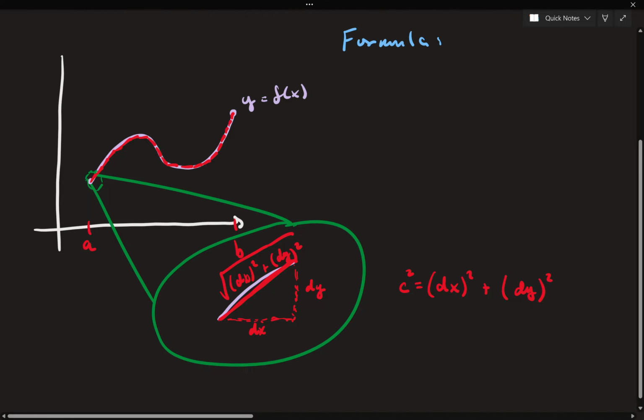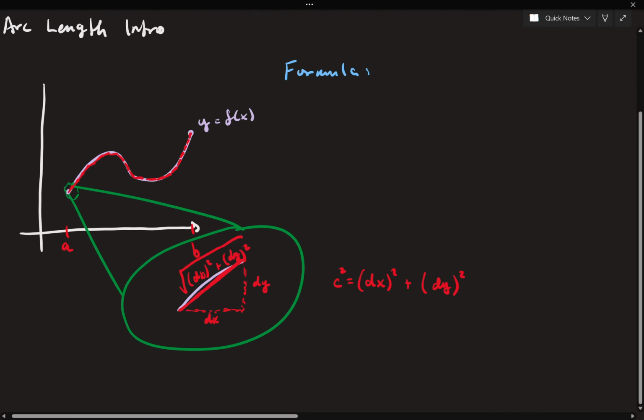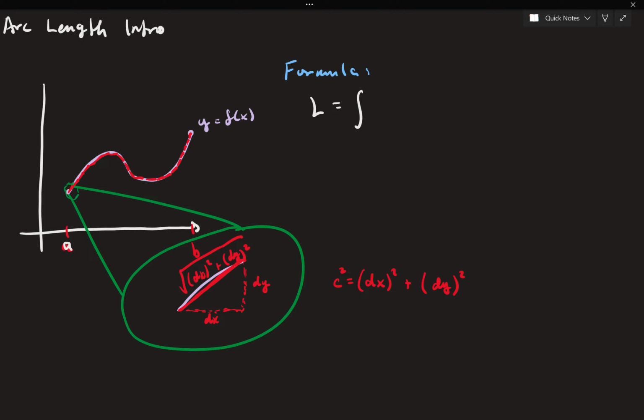So the formula for arc length is the integral from my start to my finish of, because taking an integral just means adding up, I'm adding up all of the lengths of these lines along the curve. Between a and b, the length of all of the lines.